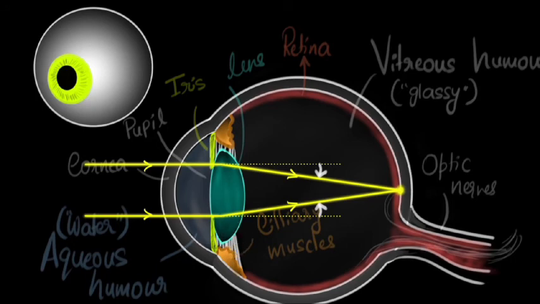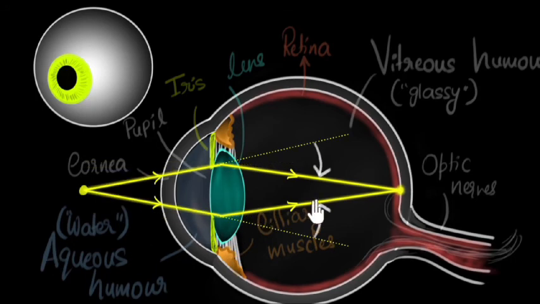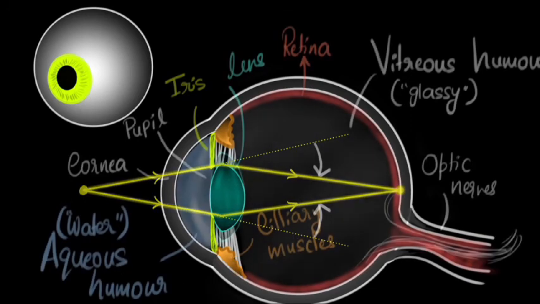But when the objects come closer, since the required power is more, the ciliary muscles will start pushing on this lens to increase its curvature, as you can see. Like this. I've exaggerated the figure over here. It will push on the lens, increase the curvature, and as a result, it will increase the optical power. And that's how, depending upon the distance of the object from our eyes, the curvature of the lens will keep changing. And that is done by these ciliary muscles.